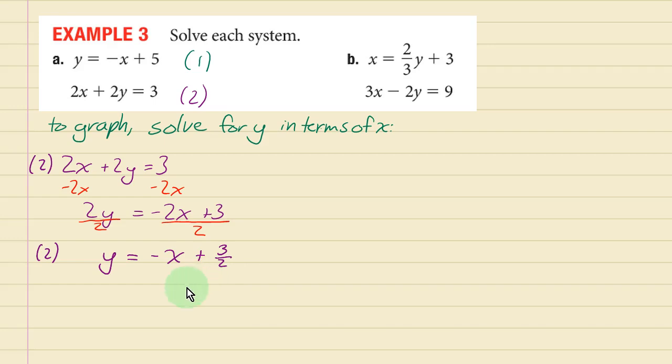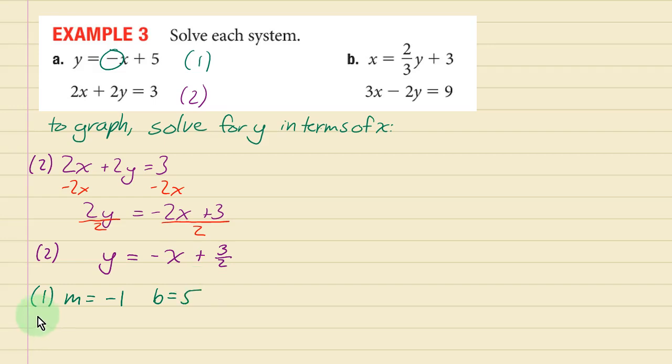Let's consider what the y-intercept and the slope of this one are, and what the y-intercept and slope of this one are. Well, equation number 1 has slope -1 because of the negative right here. It's -1 times x. And the y-intercept is the number 5.